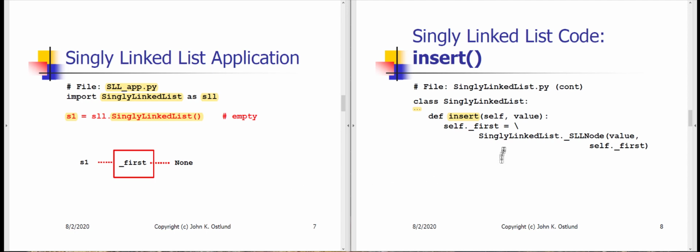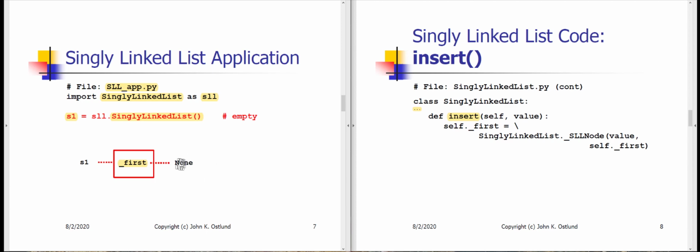And so the implementation of this insert function turns out to be remarkably simple, because what we're going to say is, let's modify this _first attribute to refer to a new SLL node containing the value that we've specified, and the _next item should be the remainder of the list.